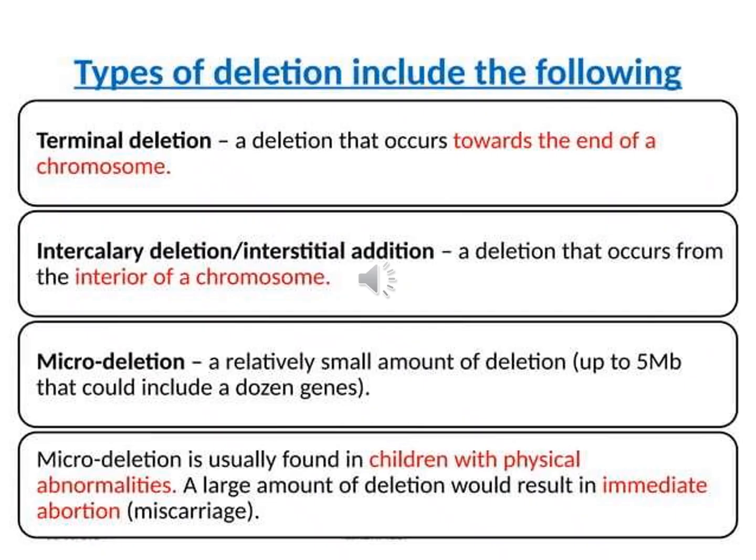So this is about the types of deletion. Chromosomal deletions are classified based on the location and size of the lost segment. These distinctions are important for understanding pathogenesis, diagnosis, and clinical severity. First is the terminal deletion, the deletion that occurs towards the end of the chromosome, that is, the end of the telomere.